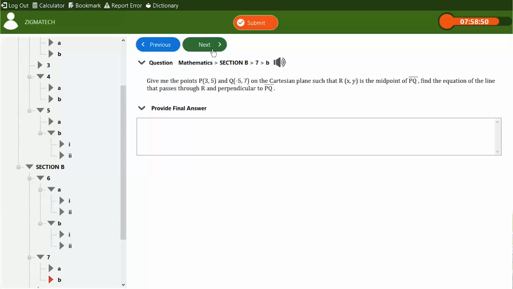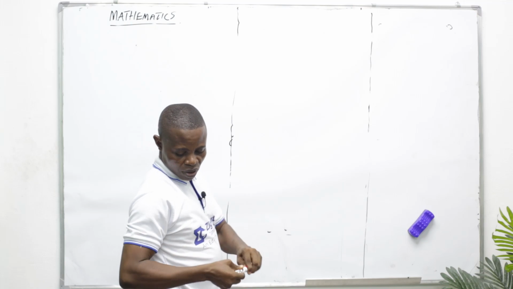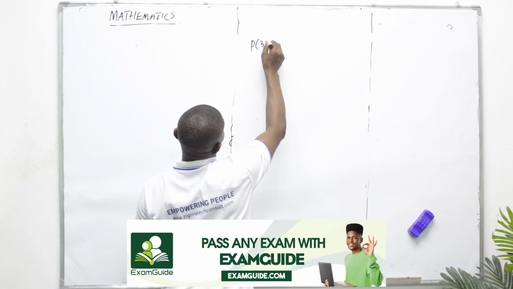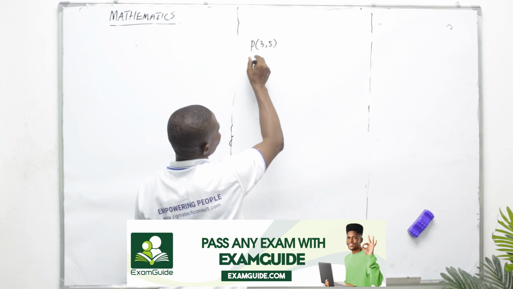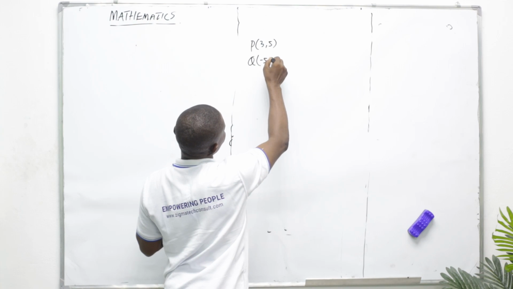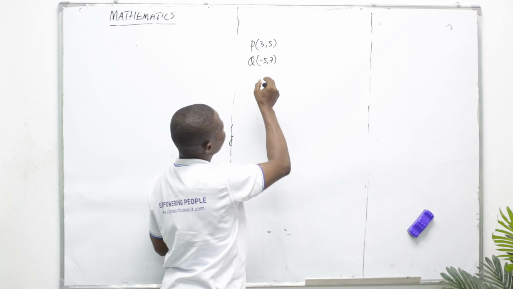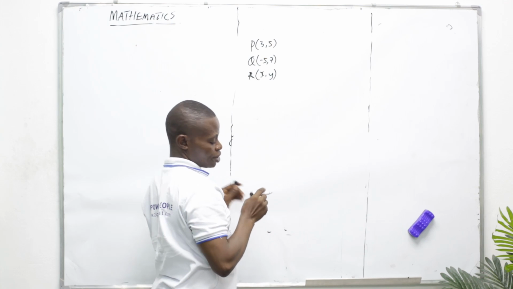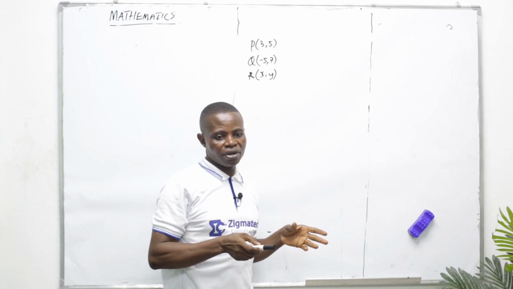P is (3, 5). Q is (-5, 7). Then R is (x, y). Please don't entertain any fear, okay?